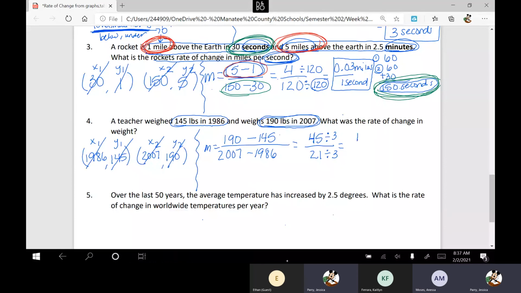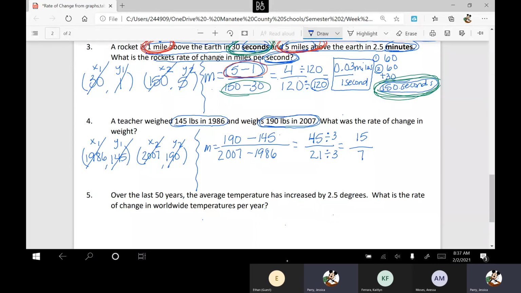Perfect. 45 divided by 3 is 15. And I see that in the chat there as well. Good job. And then on bottom, 21 divided by 3. You don't need a calculator for this. You should be able to do this one in your head. What is 21 divided by 3? 7. Awesome.